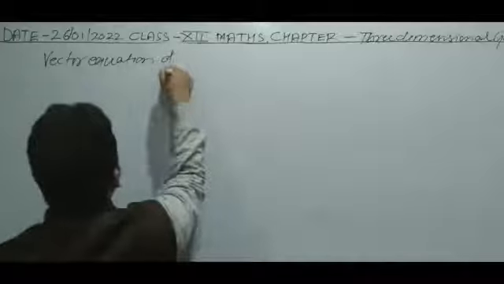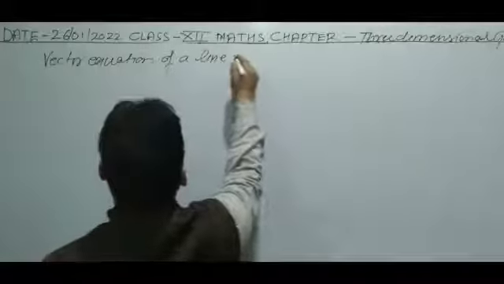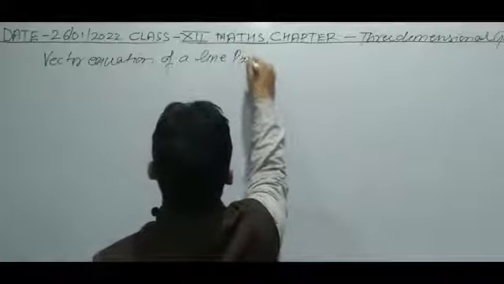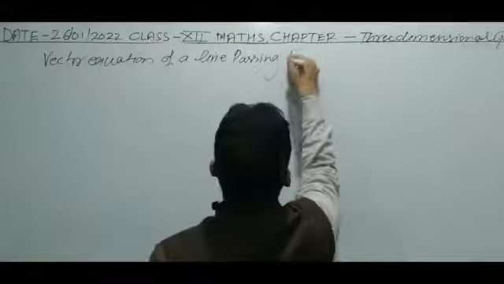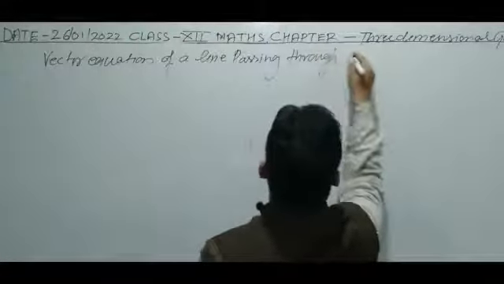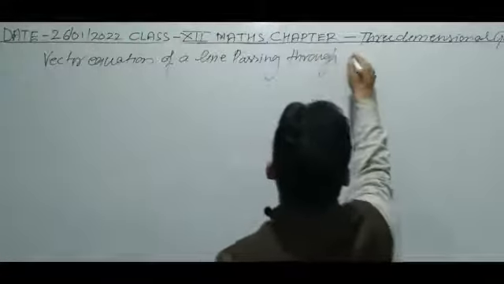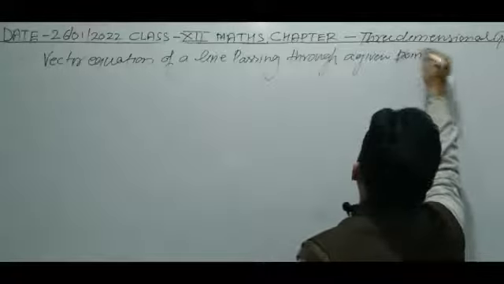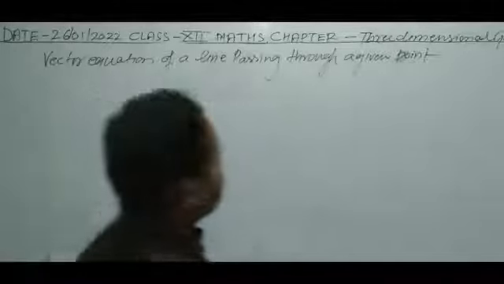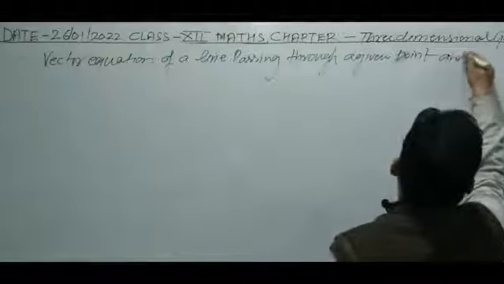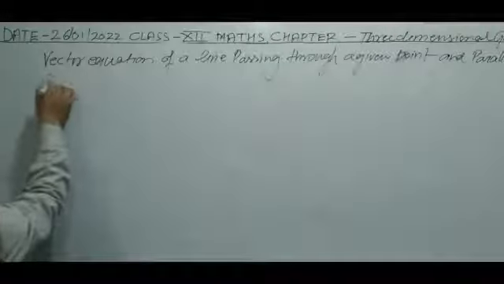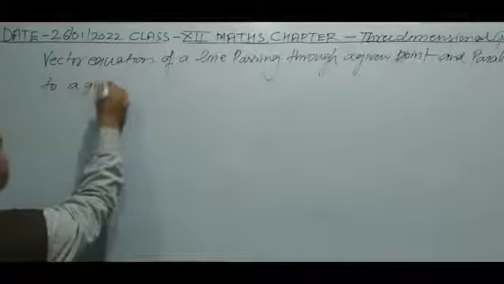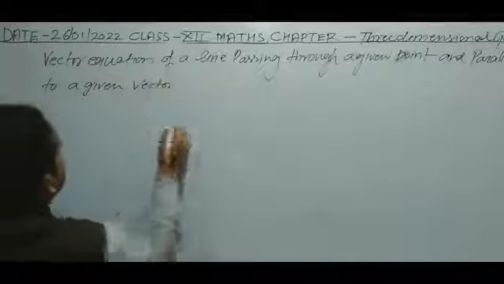Vector equation of a line passing through a given point and parallel to a given vector.